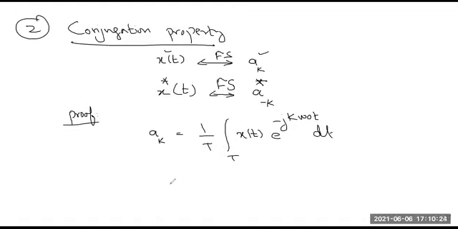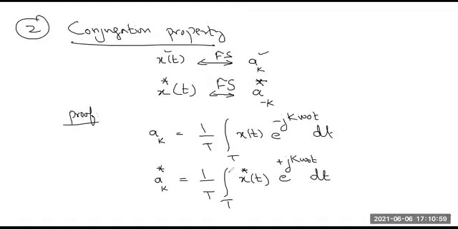Now let's take the complex conjugate on both sides. The complex conjugate of the left side, and then the complex conjugate of the right hand side. So we get x conjugate t. When we take the conjugate of this e power minus jk omega naught t, it will become e power plus jk omega naught t.